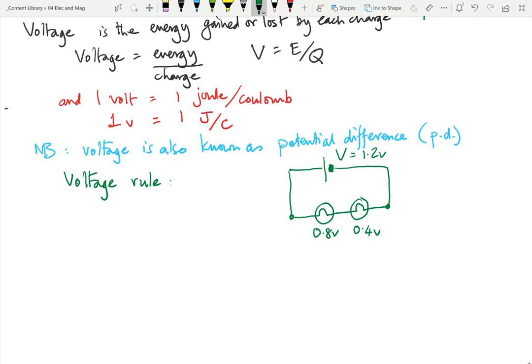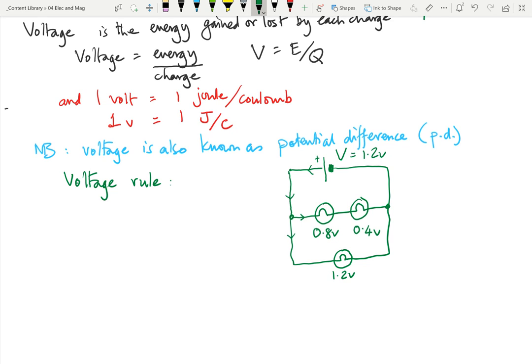And what's more, if you've got another circuit here, then for this light bulb, the total voltage must be dropped across the single light bulb. Let's consider what's going on with the charge. Charges come out of the positive terminal and they come round, and some of them go this way and some of them go straight on.